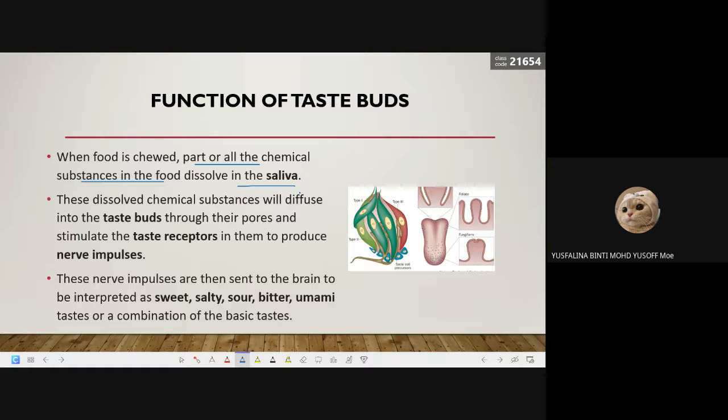Let's say you eat mango. When you chew the mango, it will dissolve in your saliva. On the top of your tongue, you have the papilla and also the taste bud.